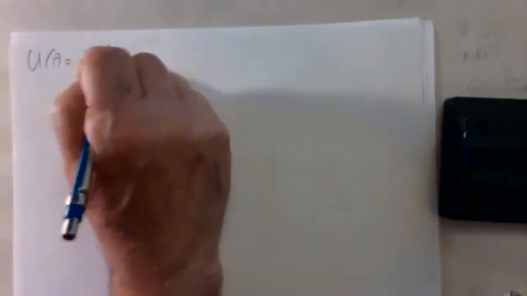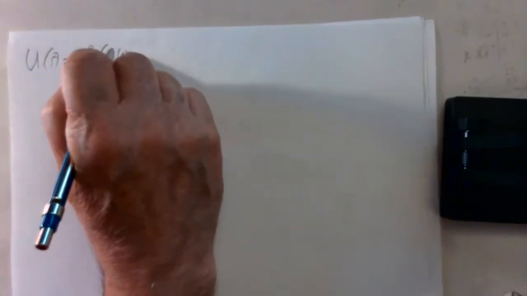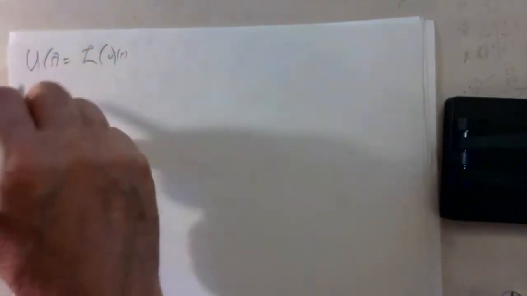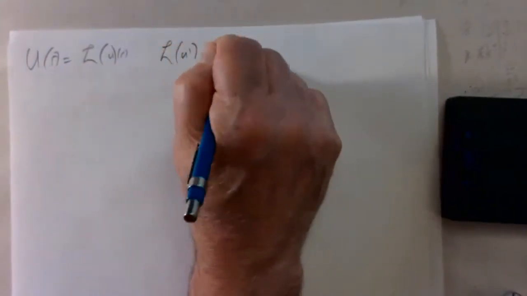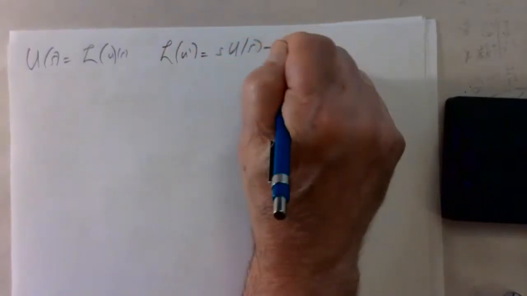So let me just write those two. So if capital U of s is the Laplace transform of the function u at s, then what we have is that the Laplace transform of u prime is s U of s minus u at 0.